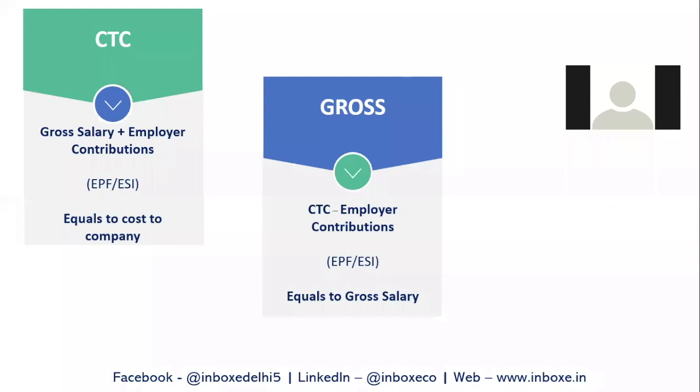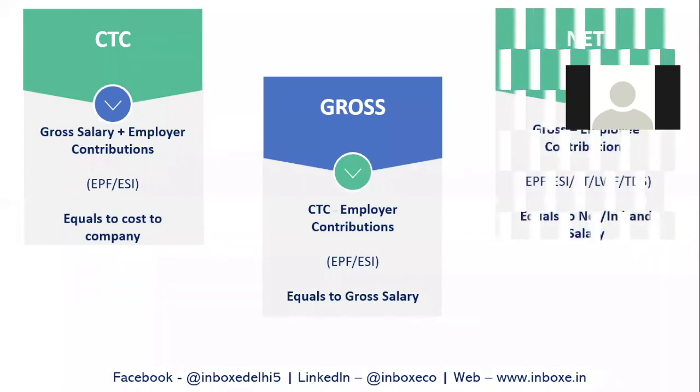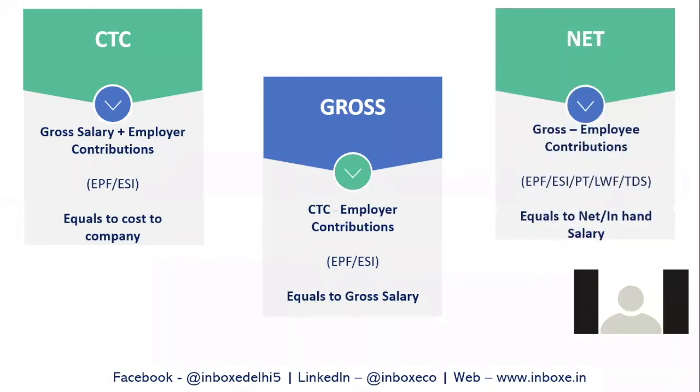The third and final most important thing is the net salary, which is what the employee actually receives after all the deductions. In simple terms, we can call it the take-home salary. The net salary is your gross salary deducted by the employee contribution.